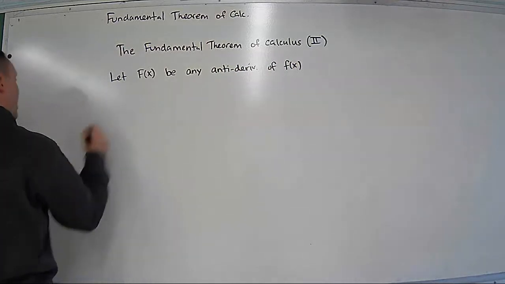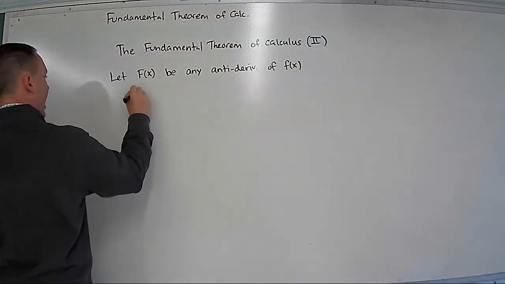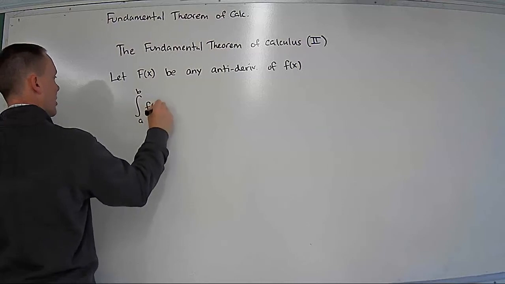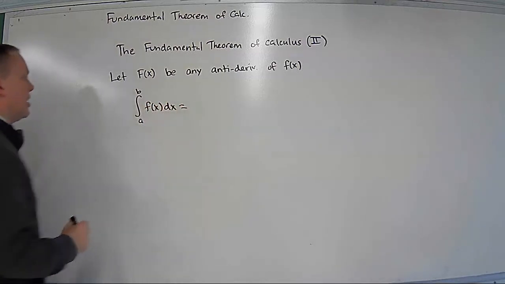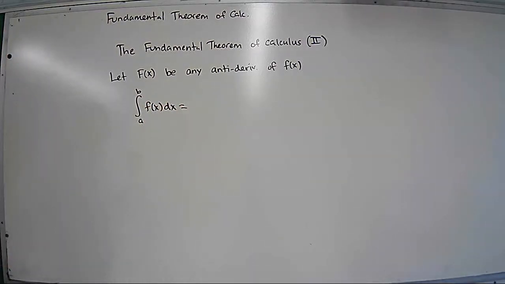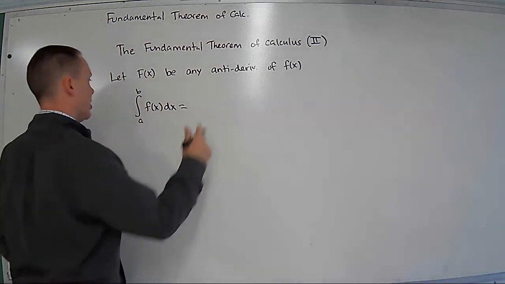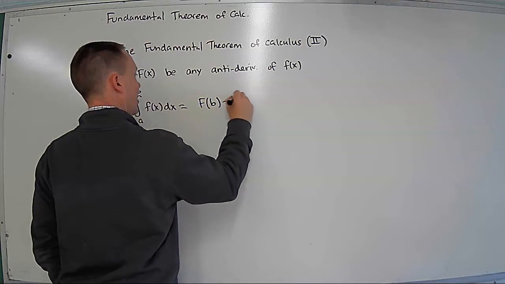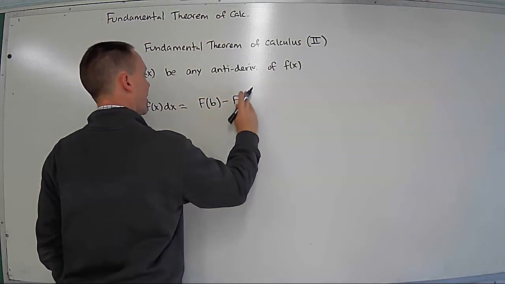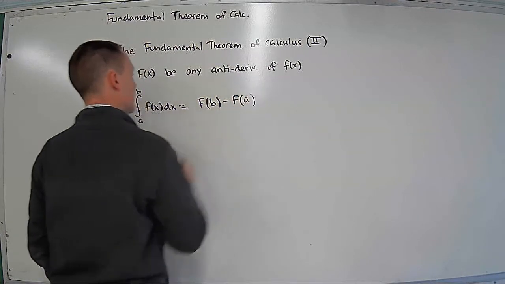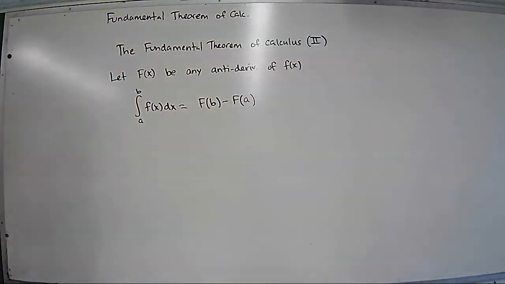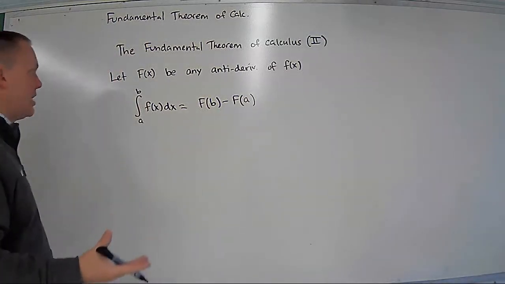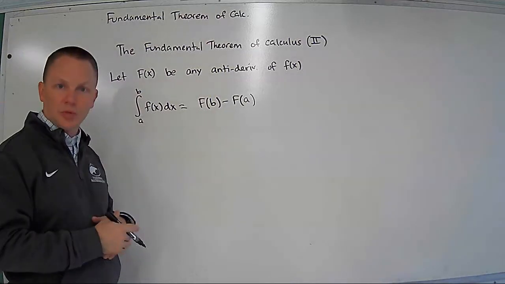The integral from a to b of little f of x dx, how we compute a definite integral to get a numerical answer, is equal to big F of b minus big F of a. So we have to find the antiderivative and then plug in a and b and subtract them.